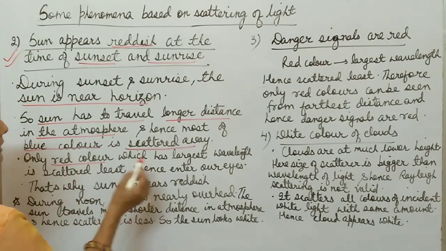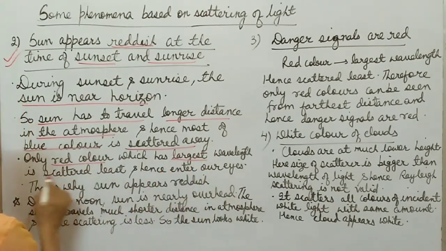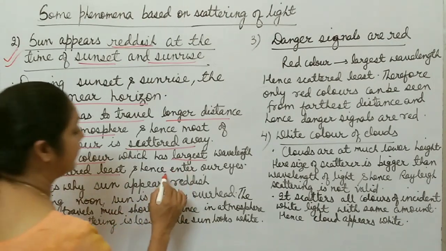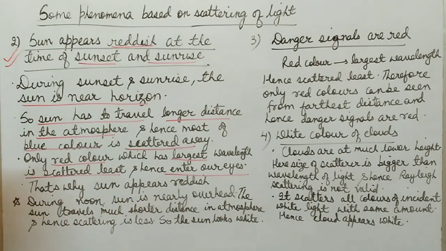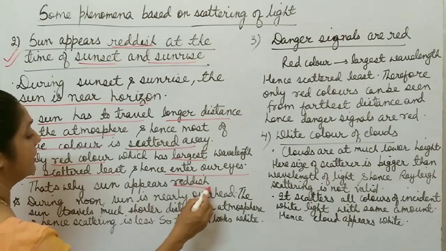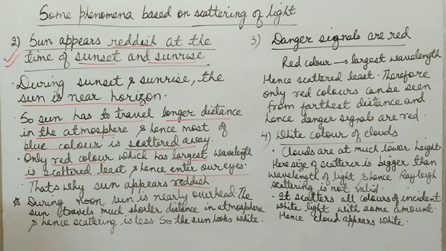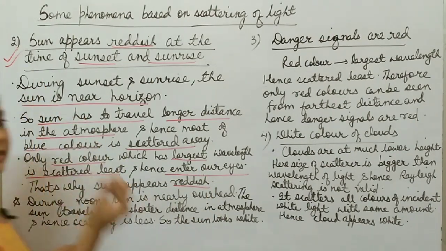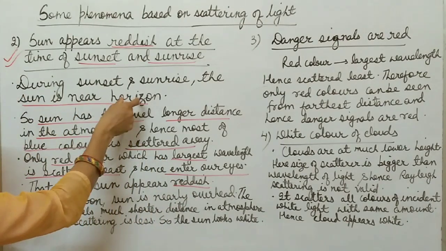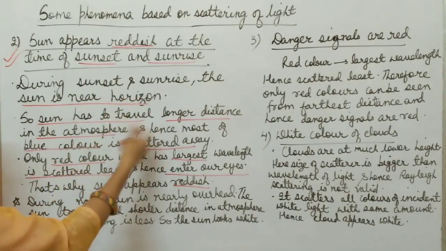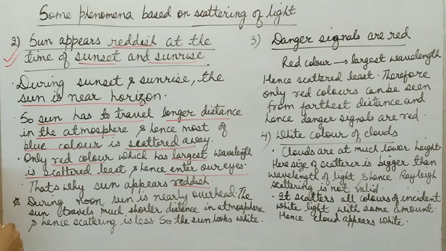Only red color, which has the largest wavelength, is scattered least and enters our eyes. That's why the sun appears reddish in color. Is it clear? So you have to write these points: during sunset and sunrise, the sun is at which position, then which color is scattered most and which color reaches our eyes. Only red color reaches our eyes because red color has the largest wavelength.